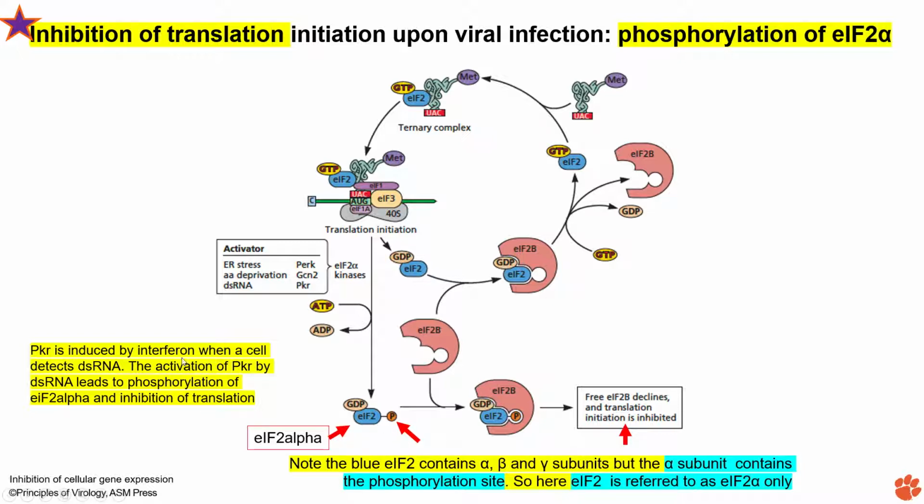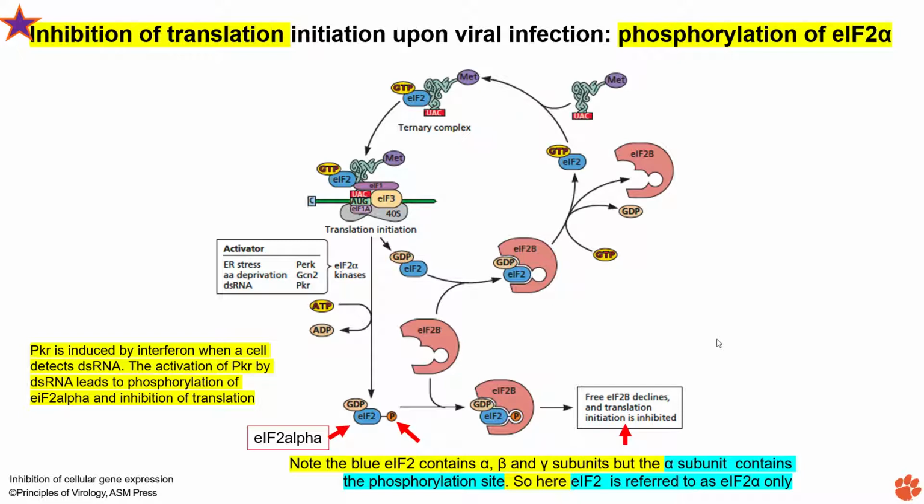So what happens is that PKR, or protein kinase R, is induced by interferon when a cell detects double-stranded RNA. The activation of PKR by double-stranded RNA leads to the phosphorylation of eIF2 alpha, this one, and it blocks eIF2B, which is then not available, and thus inhibits translation. So the way it can be asked is that PKR is an interferon-induced enzyme that is activated by blank.